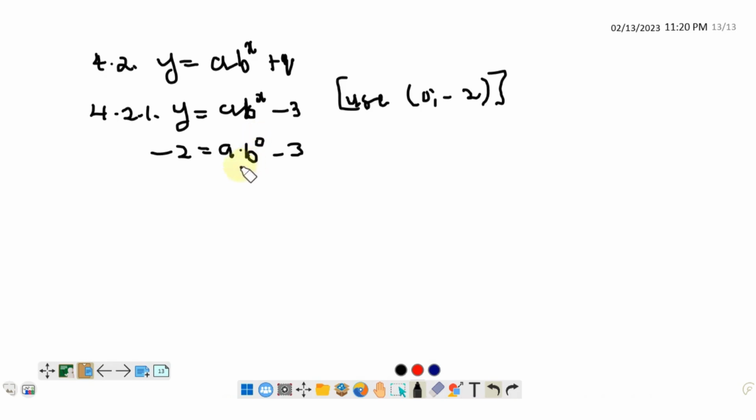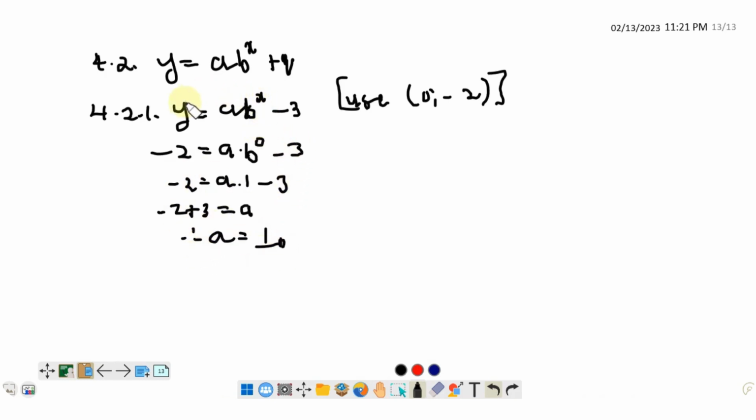So this is the same as a multiplied by 1 minus 3. So when I take 3 to this side, it becomes -2 + 3 equals a. Therefore, a is equal to +1. We have the value of a.